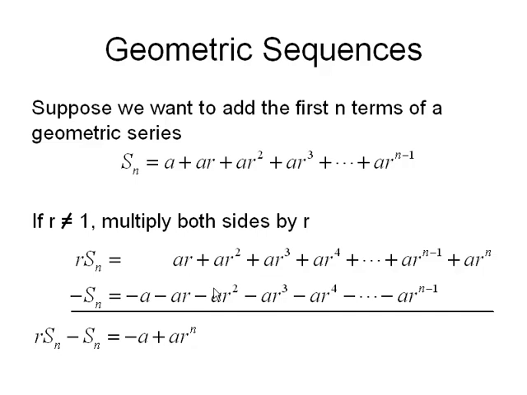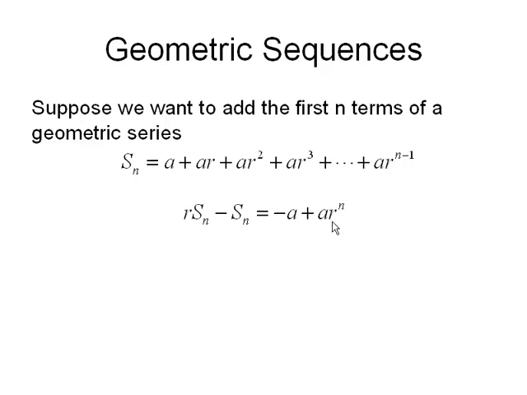What I'm going to be left with is the negative a and the ar to the n. So that tells me that r S sub n minus S sub n is just equal to minus a plus ar raised to the nth power. All of those terms that I had there cancel out.